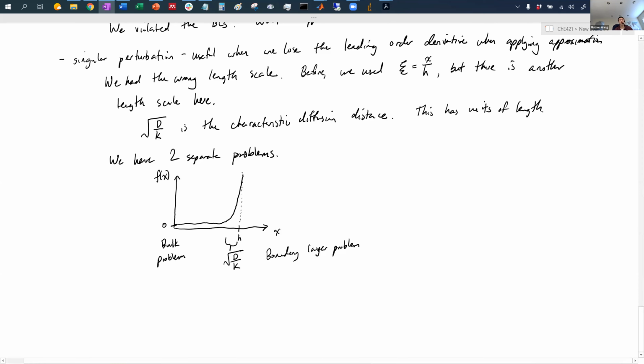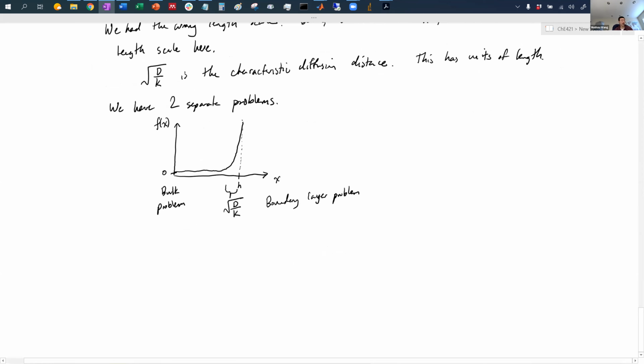Okay? And so perhaps it makes sense then to actually redo our axes here. Instead of calling my position variable an x that goes from 0 to h, I'm going to redefine my axes this way, a y. My y is going to go from 0 to this direction. Okay? And my y is going to be defined in terms of our new length scale here.